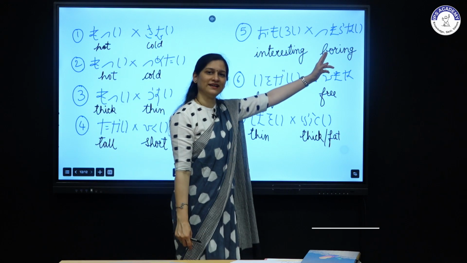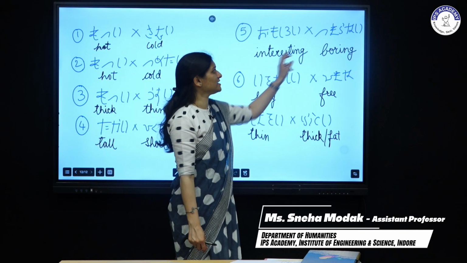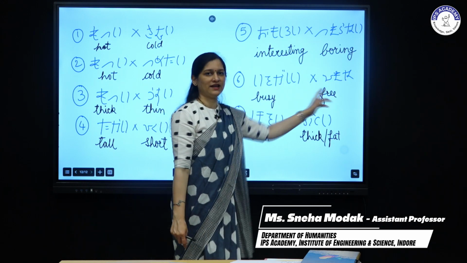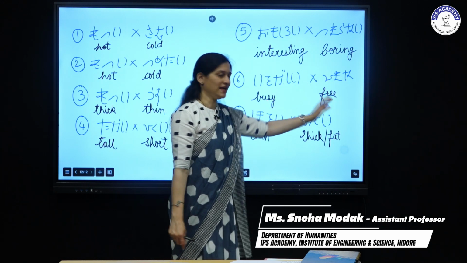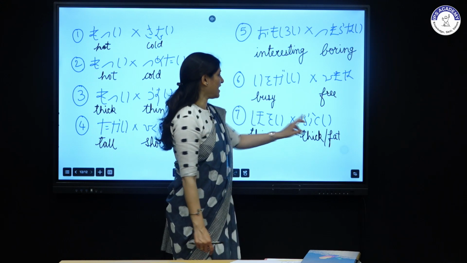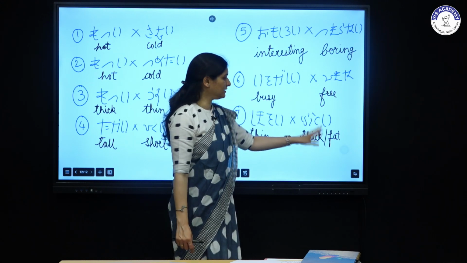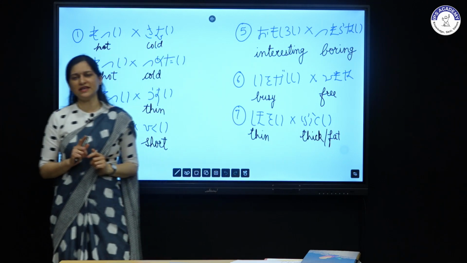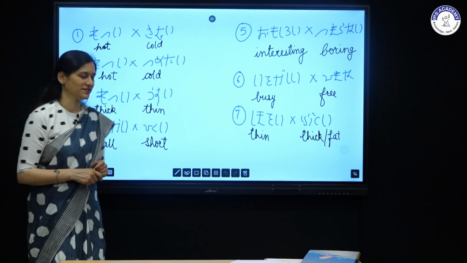Omoshiroi and tsumaranai. Omoshiroi is interesting, tsumaranai is boring. Isogashii, himana. Busy, free. Hosoi and futoi. Thin and thick or fat with reference to persons or trees or any cylindrical objects.